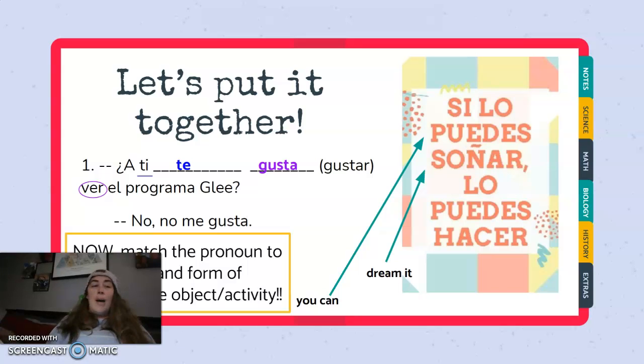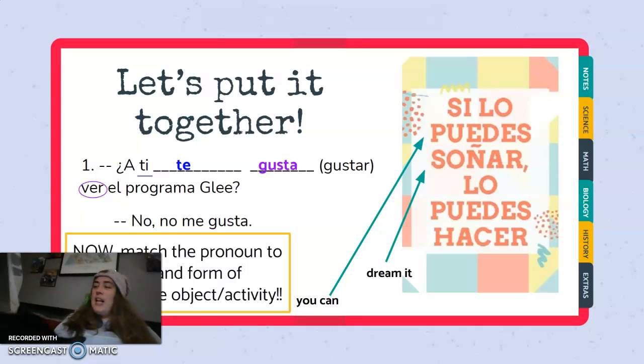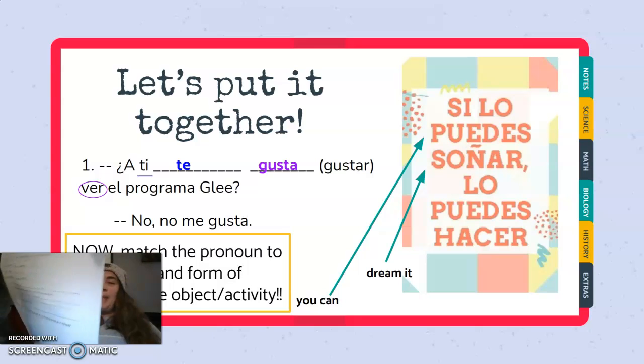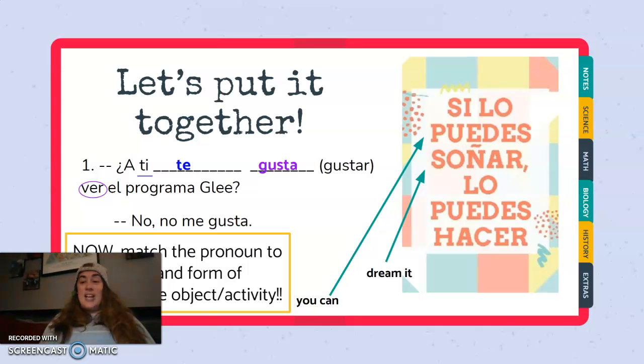Número 8, a Marta le gustan mucho los muchachos. So it's the boys that are pleasing to her. Número 9, a tu hermano le gusta el béisbol. So in this case, although it says a tu, it's actually your brother that baseball is pleasing to.